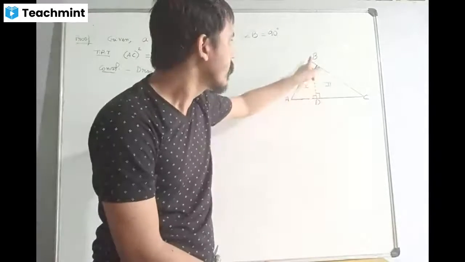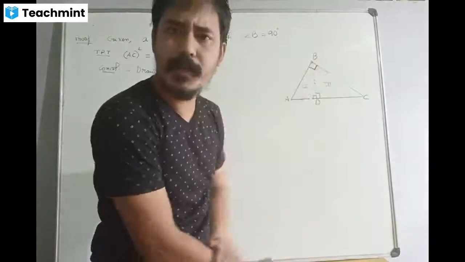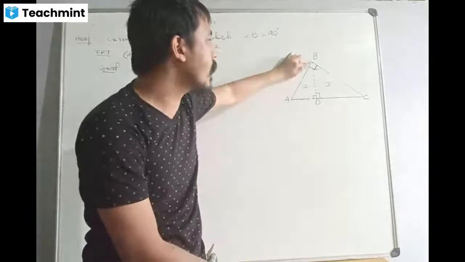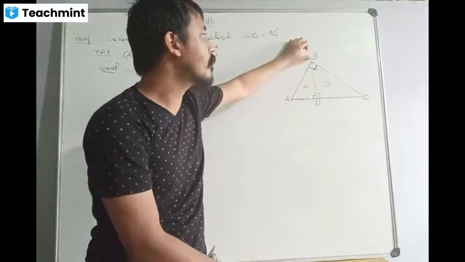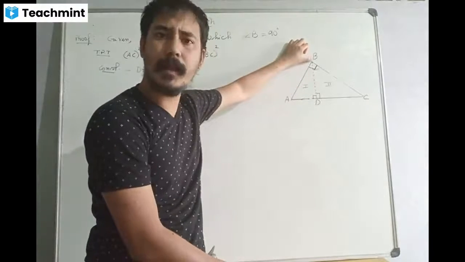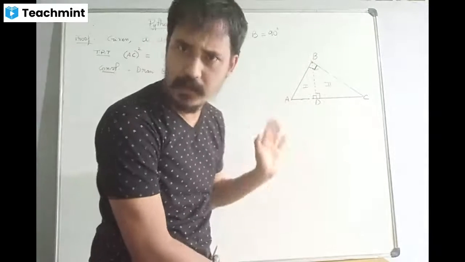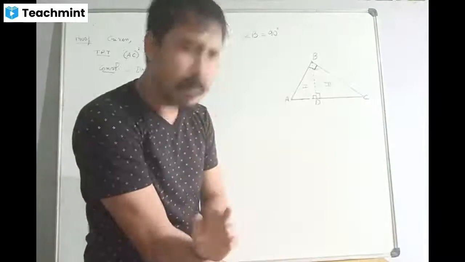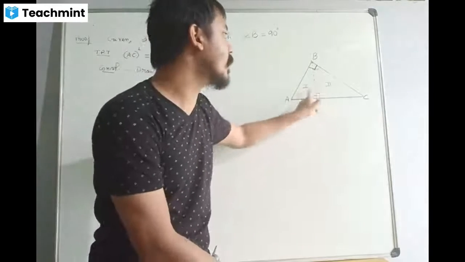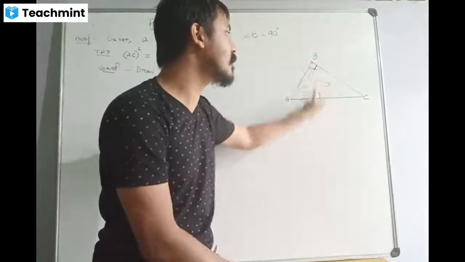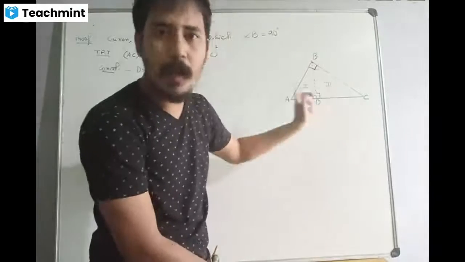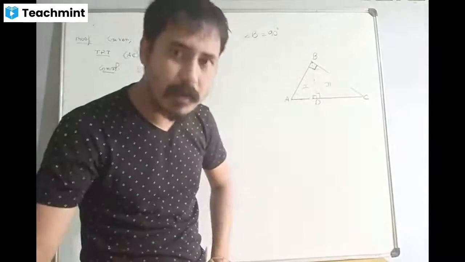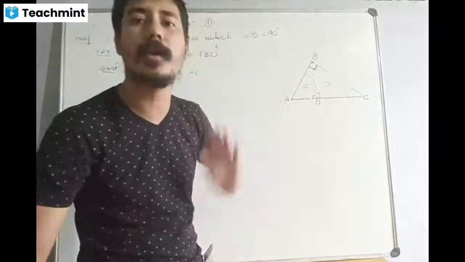So the triangles obtained on both sides of this perpendicular will be similar to each other and with the whole triangle.